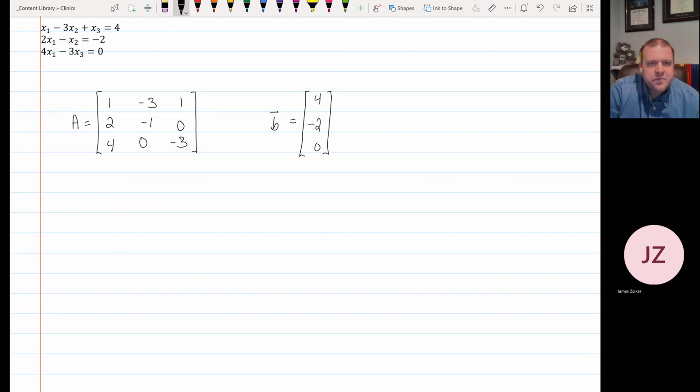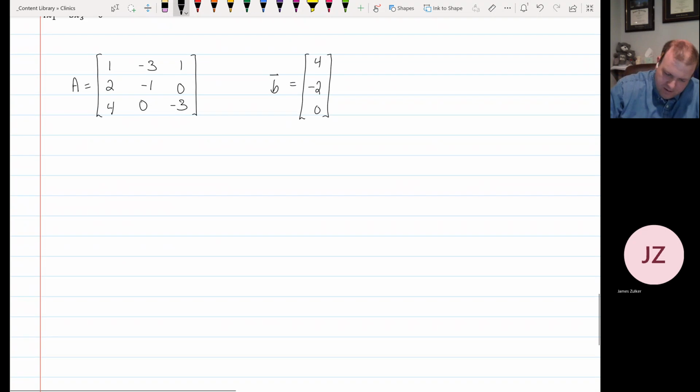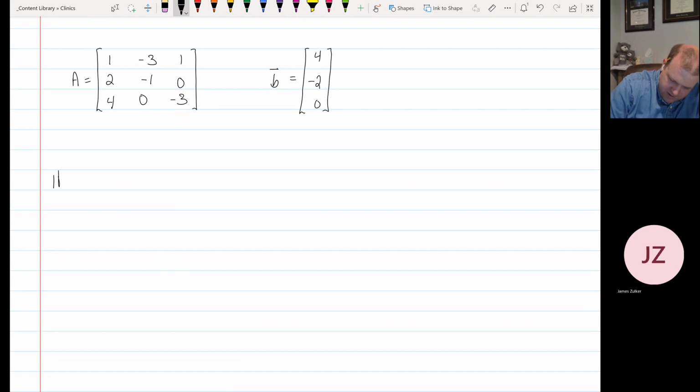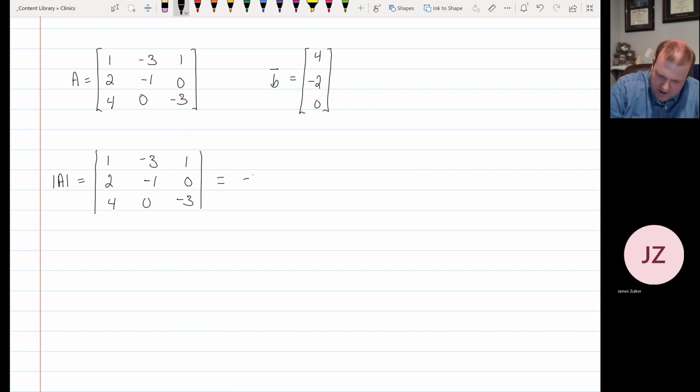Now we just calculate the determinant of A, the determinant of A1, the determinant of A2, and the determinant of A3. The determinant of A we get as negative 11.